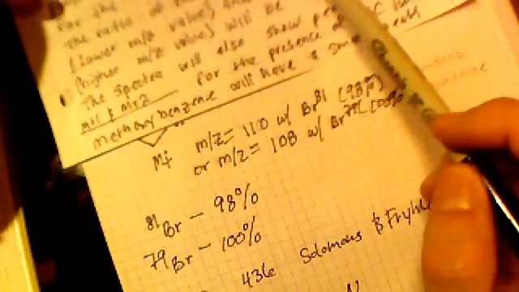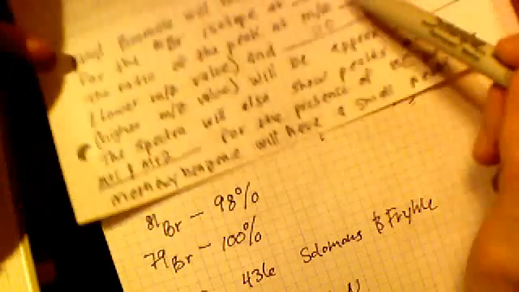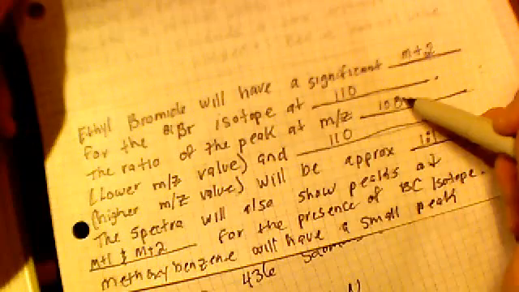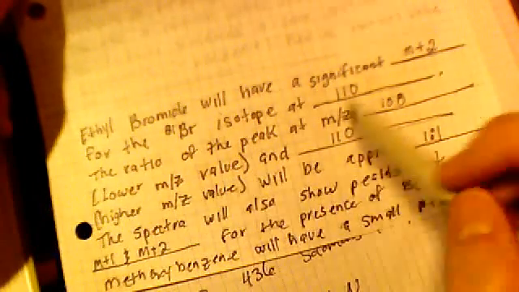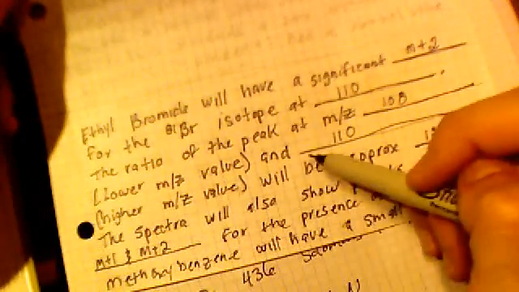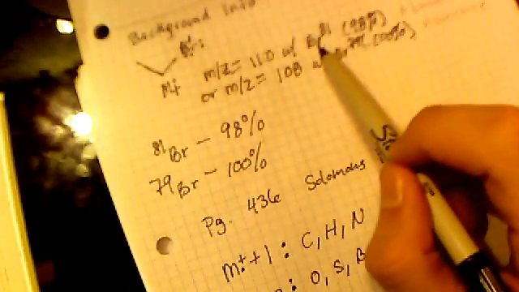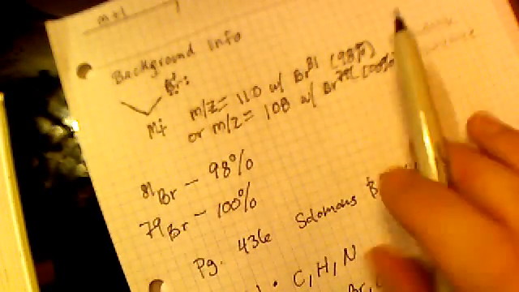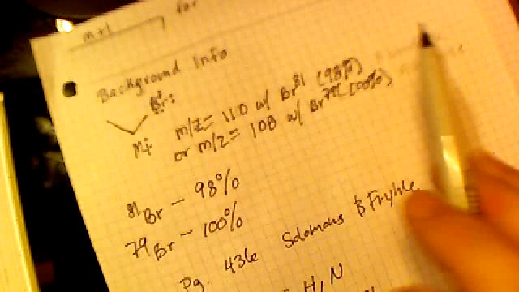So the ratio of the peak at mass divided by charge 108, which is the lower mass value, and 110, which is the higher mass value, will be approximately 1 to 1. So the higher mass value with bromine 81 of 110, the lower mass value of bromine 79 with 108, their ratios are 98 to 100, so that would be approximately 1 to 1, right?